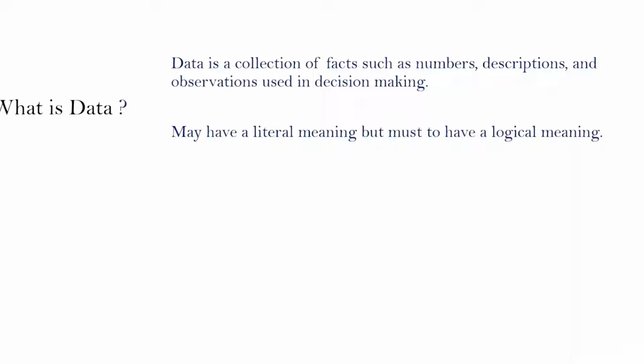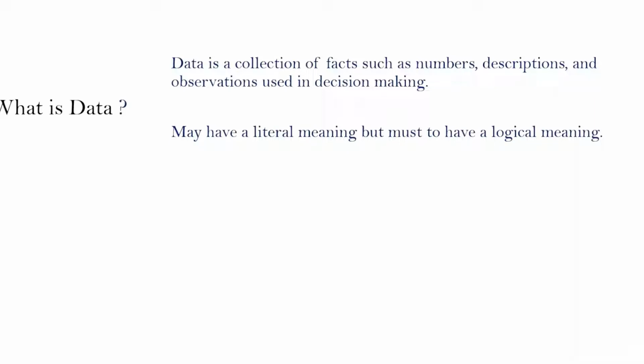Data may or may not have a literal meaning. Sorry for the typo. It's not like it must have a literal meaning. If it has a literal meaning, that is very good.